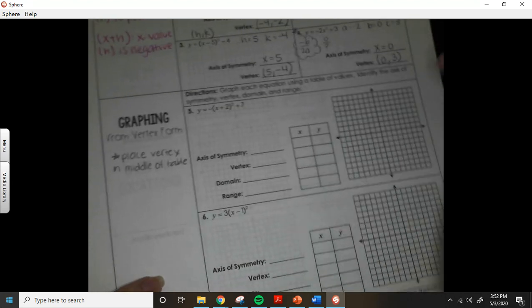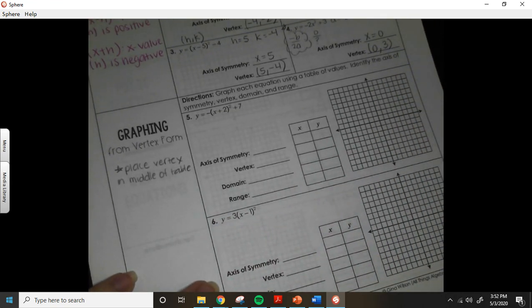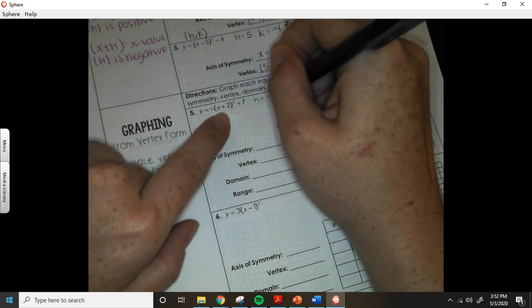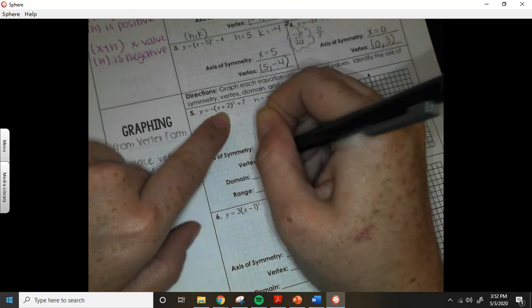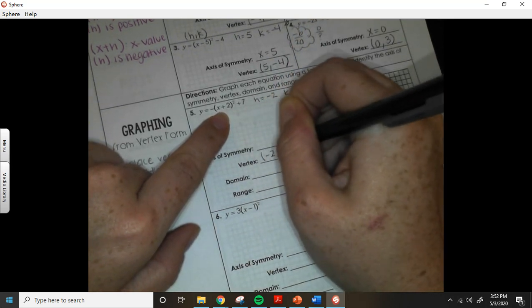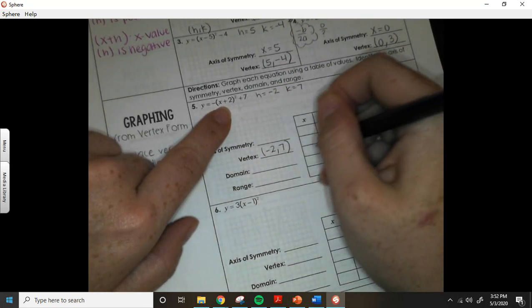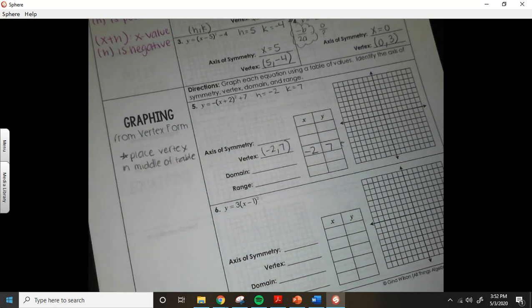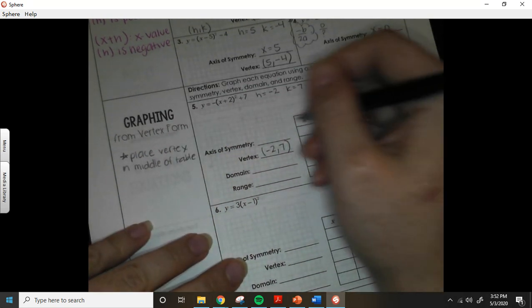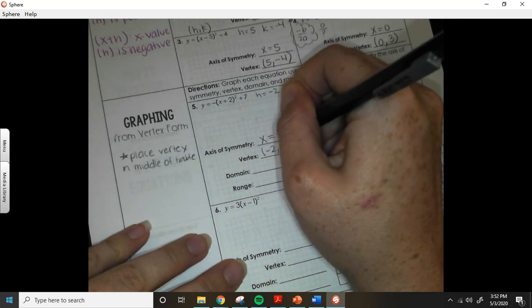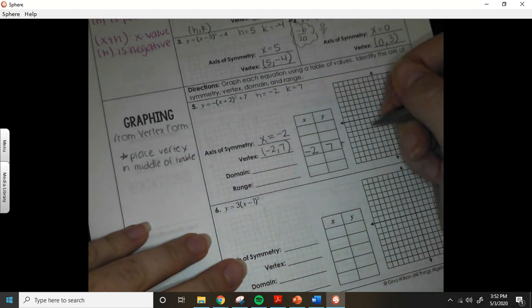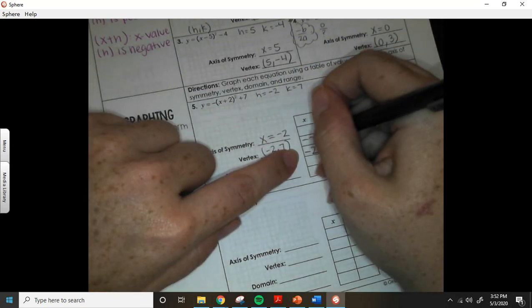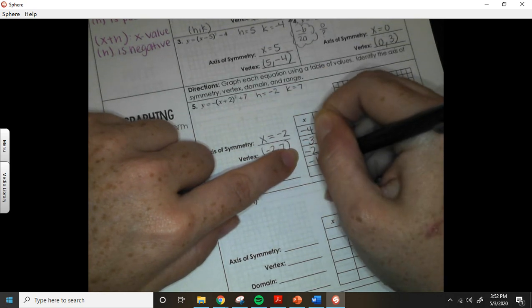All right, so let's take out the vertex, and we're going to put it in the middle. So h in our case is -2. k is going to be equal to 7. So -2, 7. Notice I started with the vertex, and then we're going to fill in from there. So the axis of symmetry has to be -2, and we're going to go to the left and to the right.